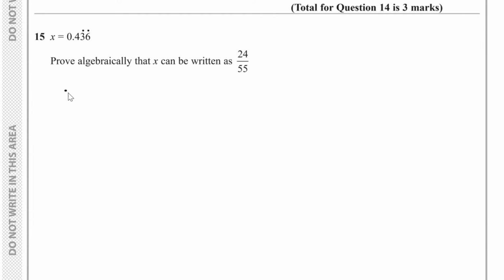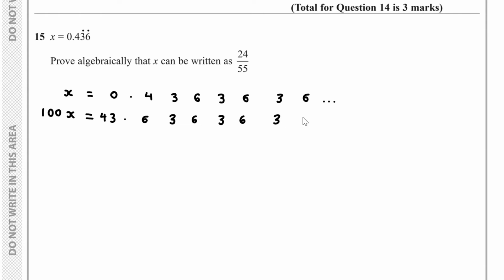Well, first of all, we've been given x, which is equal to 0.436, where the 3 and the 6 are repeating, so we've got 3, 6, 3, 6, etc. And if we multiply by 100, because 2 digits are repeating, 100x is equal to 43.6363636, etc. And if we subtract these equations, you can see that 99x is equal to 43.636, etc. take away 0.43636, etc.